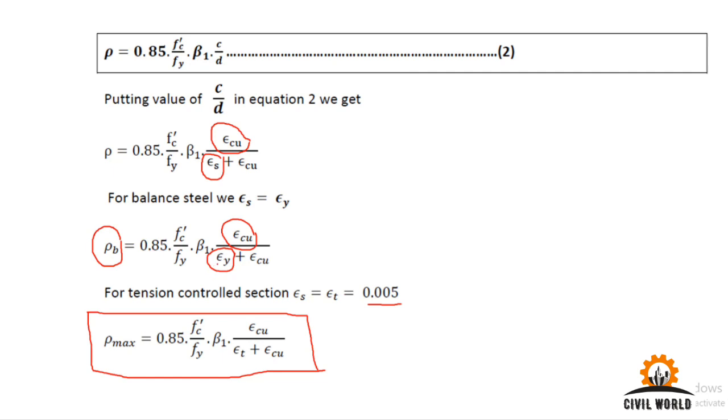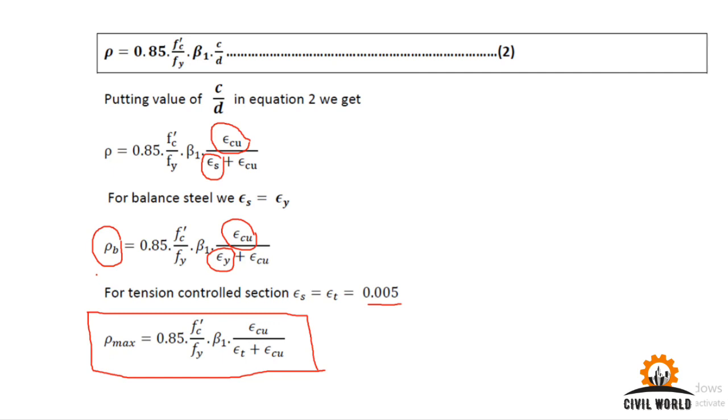You can calculate epsilon y, which comes out to be around 0.002, but you have increased it to 0.005, which is almost 2.5 times the yielding strain of the steel. So if we use epsilon t equal to 0.005, that is the maximum reinforcement ratio which we'll be using.